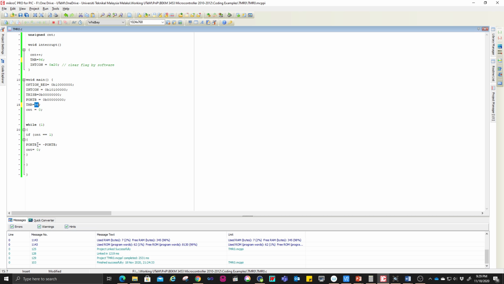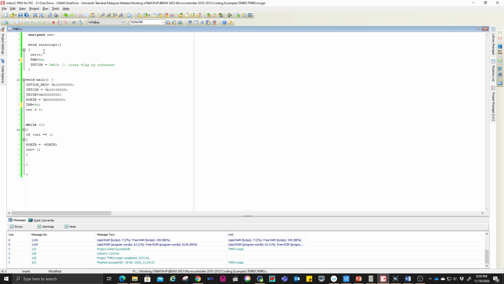Once the interrupt happens, you will go up here. And again, count plus plus is just now 0 plus 1. And then your timer 0 is set to 96 again. This is to clear it, this is setting up your timer 0.